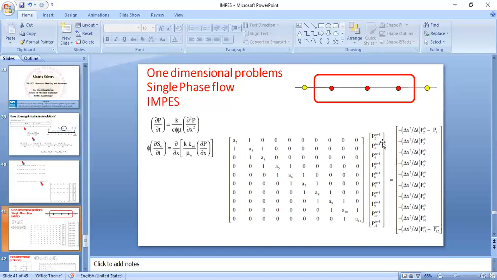Say for example, for p at i equal to 2, 2 minus 1 is 1, which is the boundary node, and we know the boundary condition, so that will go to the right. And the unknown values are the pressure at 2 and at 2 plus 1, that is 3. So you will have only these two entries. The other entries in the matrix will be 0, because as per our equation, they are not playing a role in the pressure at the second node.